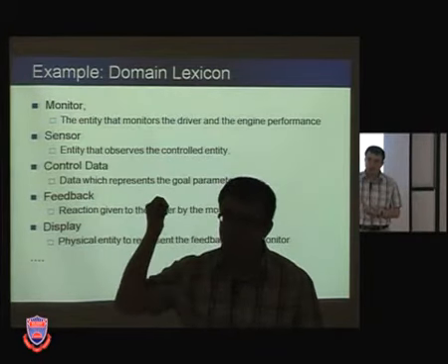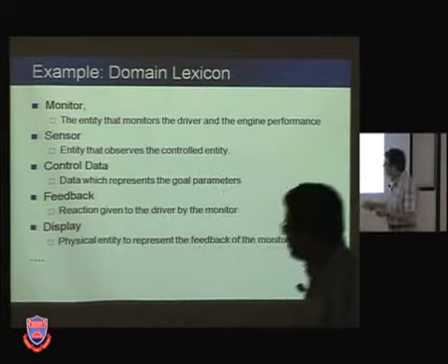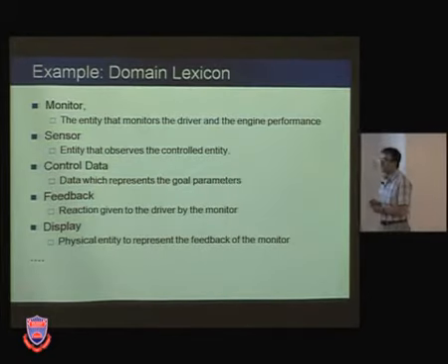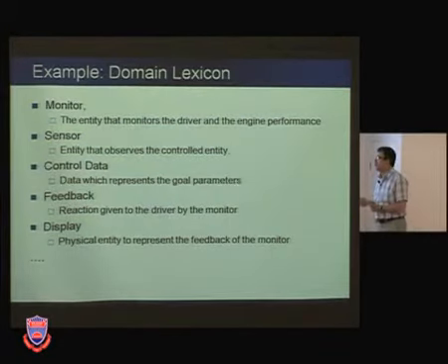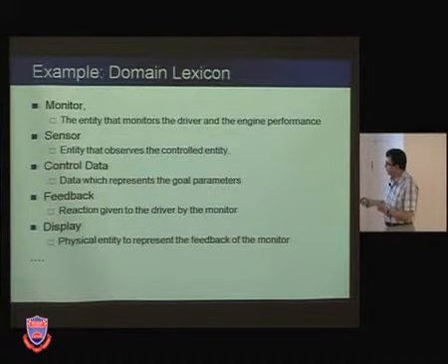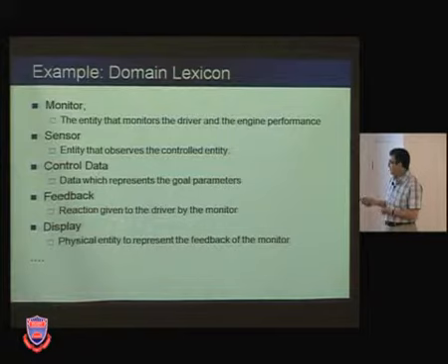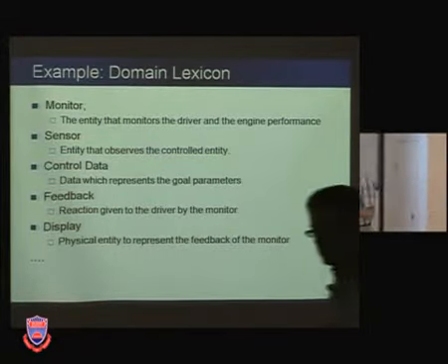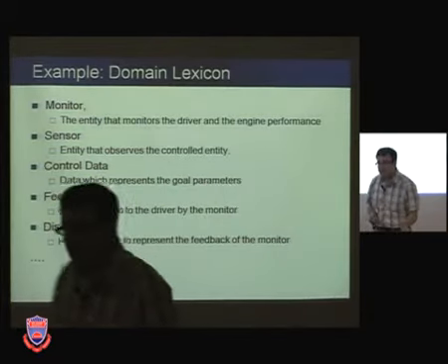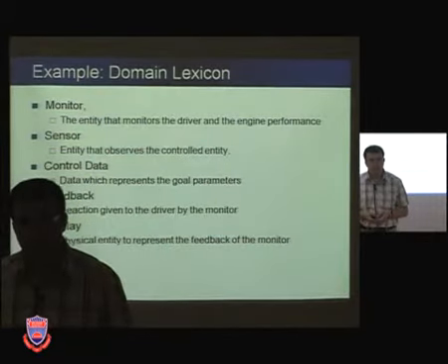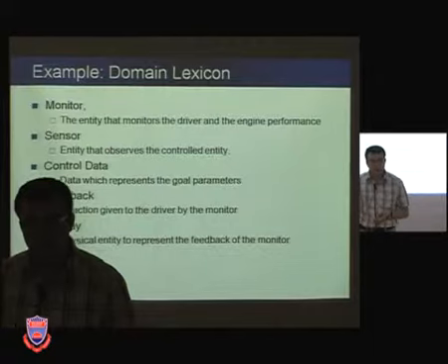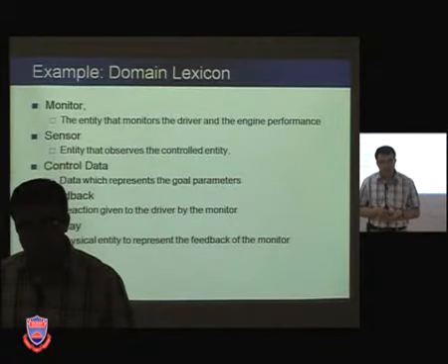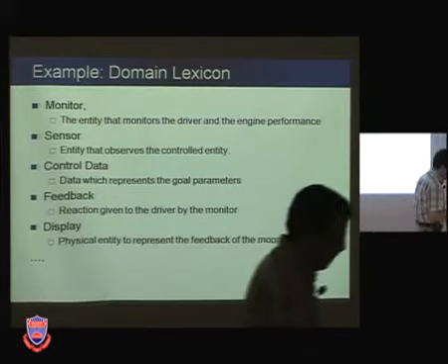We provide it in the glossary with a description: entity that observes the controlled entity. Control data: data which represents the goal parameters. Feedback: reaction given to the driver, display, etc. So the result of the commonality analysis is a set of concepts, and these concepts you can also define in the glossary. So that's the second one.